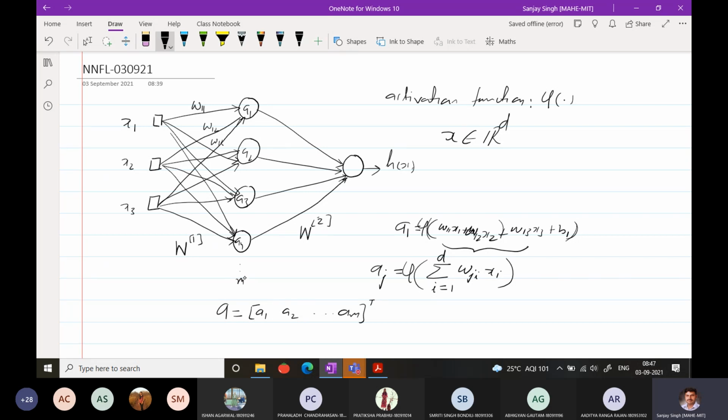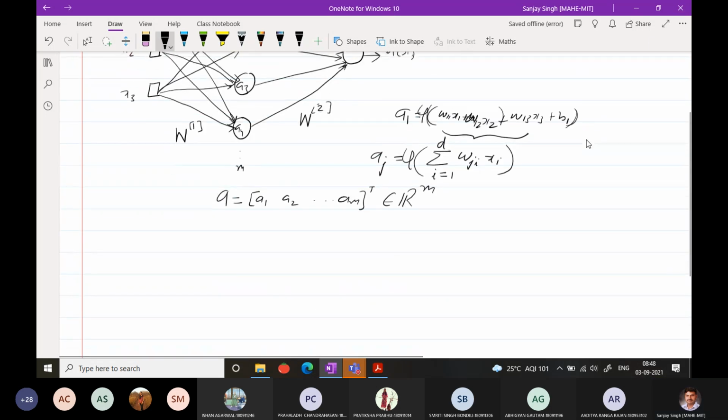And this is W transpose, and of course, you know that A is basically a vector of dimensionality m. M number of components are there, A1, A2, A3 till AM, right?